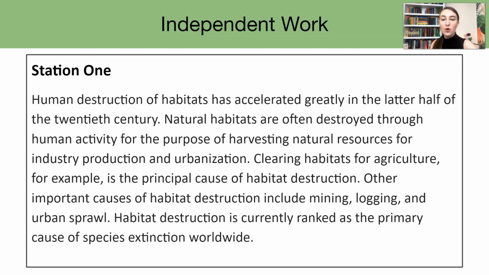Clearing habitats for agriculture, for example, is the principal cause of habitat destruction. Other important causes of habitat destruction include mining, logging, and urban sprawl. So if urban areas get bigger, so if cities get bigger, more spread out, habitat destruction is currently ranked as the primary cause of species extinction worldwide. And primary just means like number 1.